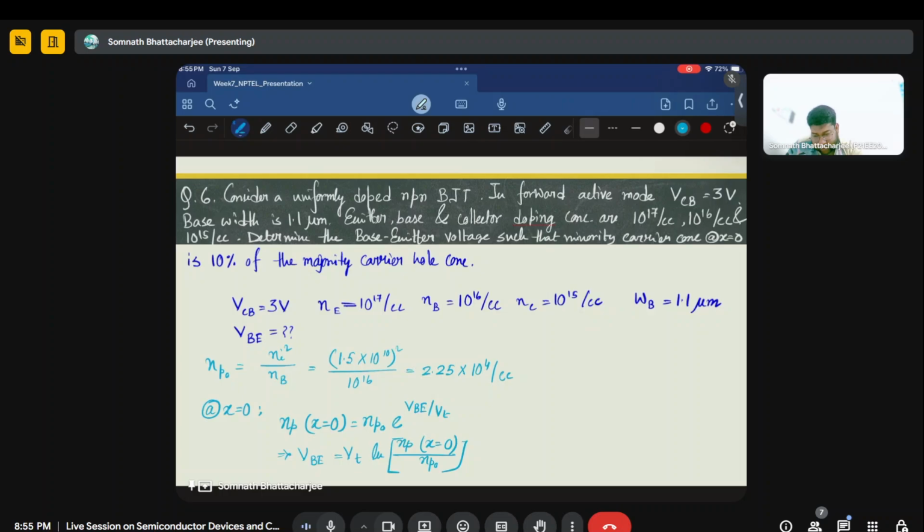Now on this side we can also do this. So what is the value of NP at x equals 0?